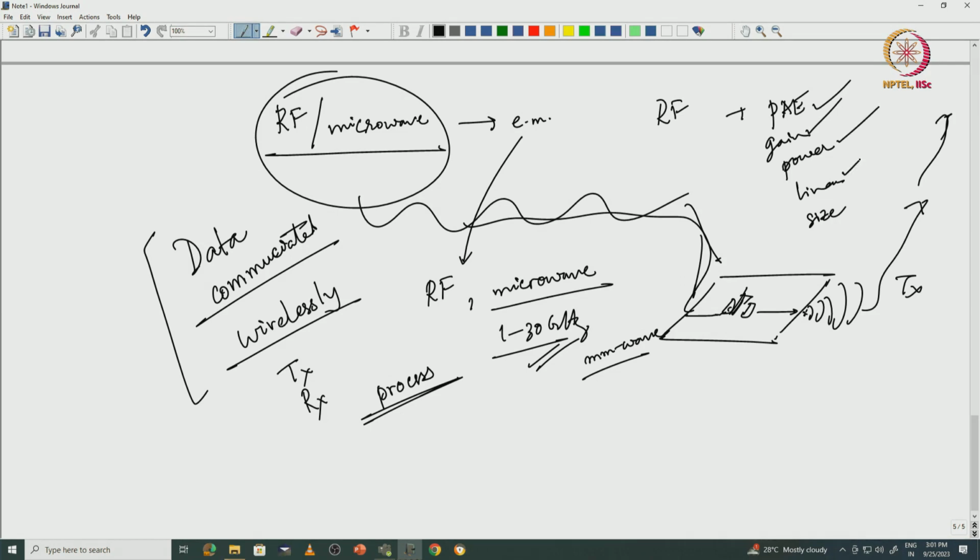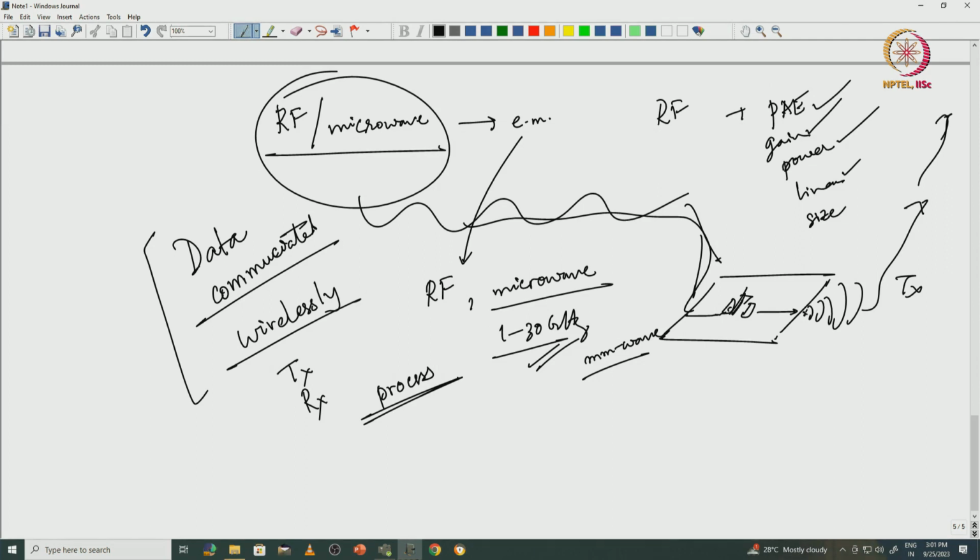It becomes a very difficult task, because the system designer wants all of this. Only then can your next iPhone, or whatever new phone is coming out, incorporate all of these functionalities without draining the battery very quickly. So this is one very big application of RF and microwave electronics today.